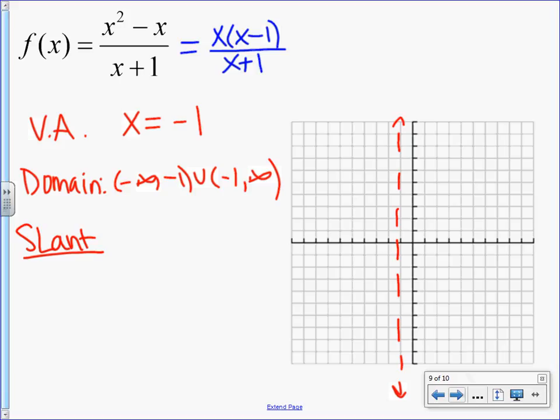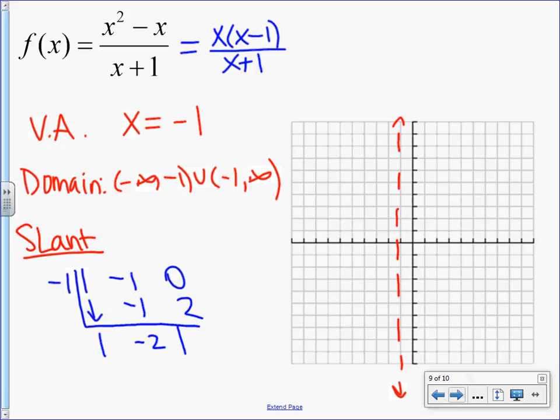So we have x squared minus x plus 0, and we are going to divide it by x plus 1. So what are we going to put out here? -1. So when we perform the division, we drop the 1. 1 times -1 is -1. Add to get -2.